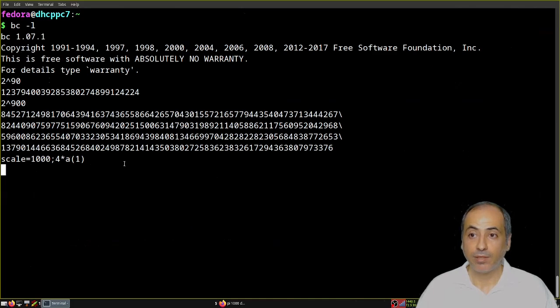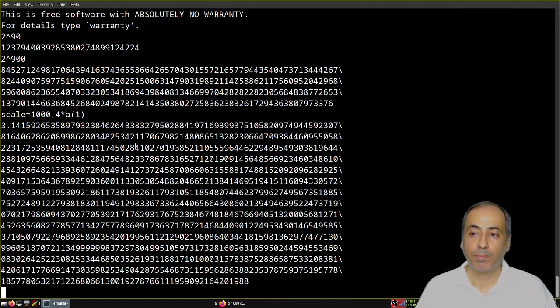So if I press enter, I will get pi, and if you notice here, we get the same thing as before, but of course we might have a problem with the last digit. So if you want, we can calculate the 1001st or the 1002nd digit in order to get the accurate digit at the end.